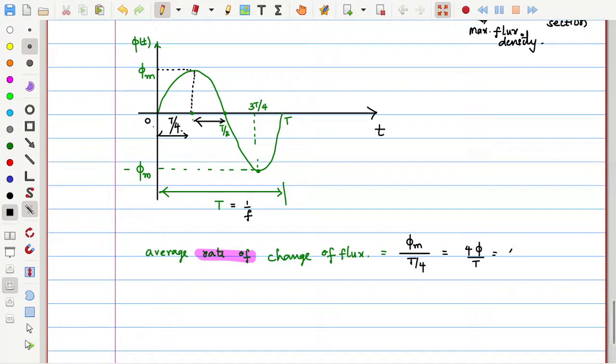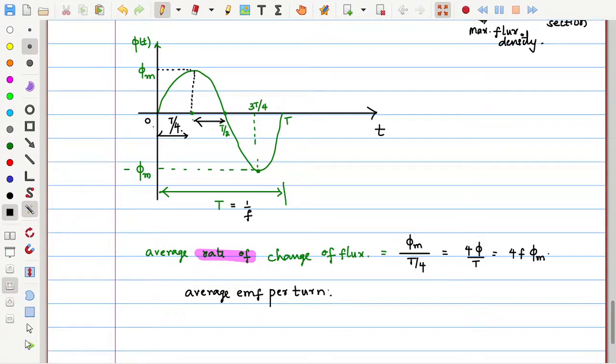So I will get this as 4f into 5m. This is the average EMF per turn.